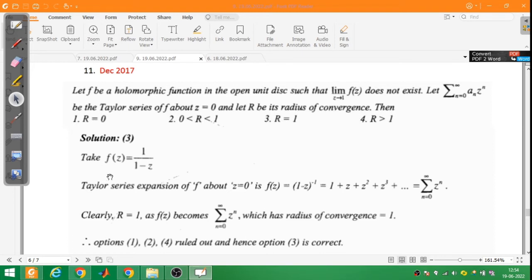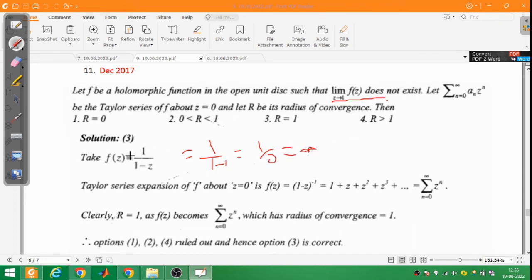So for that I have defined one simple function f of z, this is our defined function, f of z equals 1 divided by 1 minus z. It satisfies the first two given conditions. Check whether your function satisfies the given conditions. First, check limit z tends to 1. Z tends to 1 means 1 minus 1, that is 0, so that is infinity.